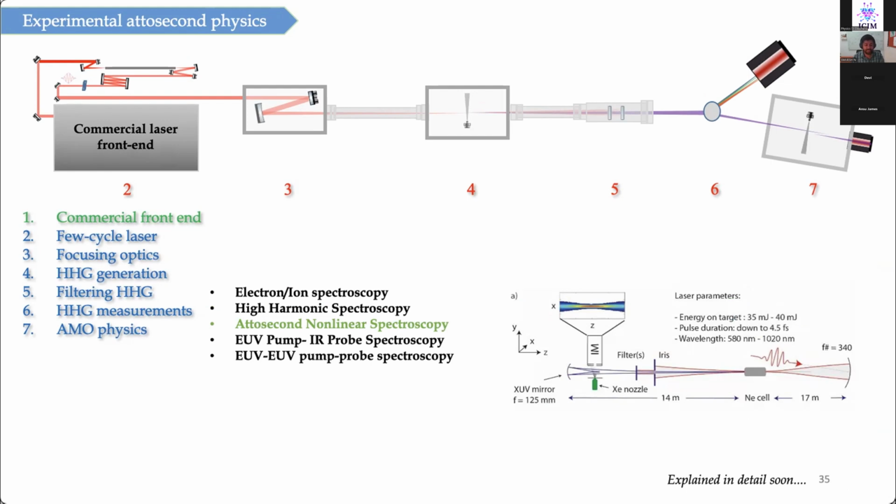Let's say you have a 100 eV photon and you get a 200 eV electron out of the system, that means 200 eV photons are getting absorbed to ionize the system. Such studies can be done. We have done such experiments in the field. Then, of course, you can do UV pump probe spectroscopy for the dynamics, UV IR pump probe spectroscopy for the dynamics of different species that you are looking at.